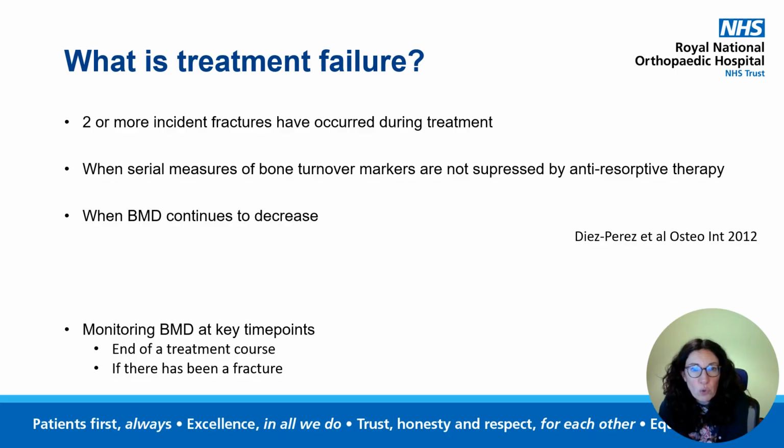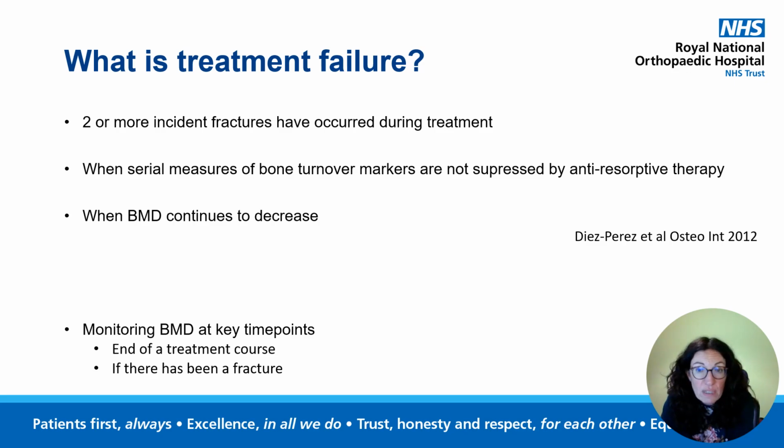Firstly, 2 or more incident fractures during treatment. So you're potentially allowed to have 1 fracture on treatment, but if you have 2, that would be considered a failure of the treatment. If you're measuring bone turnover markers, and they're not suppressed, then that means your treatment isn't working. And some services will do that, although it's not routinely used in the UK to monitor therapy.